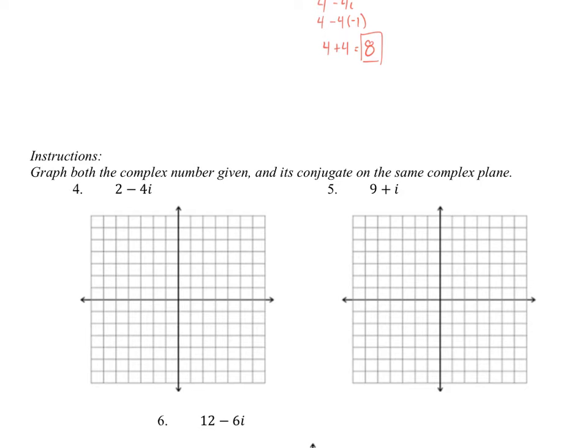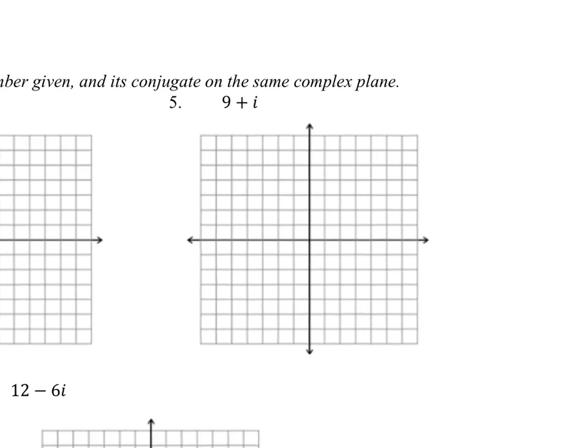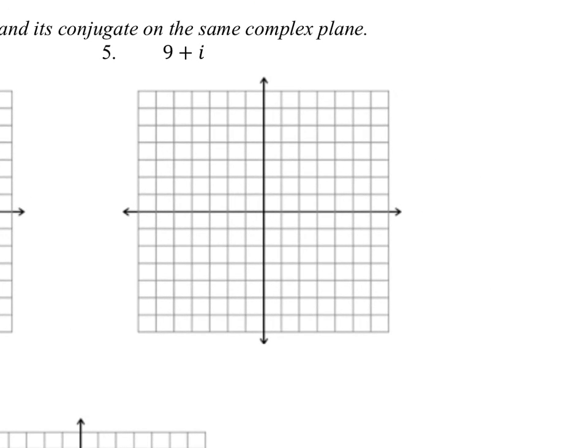All right, now for number 5, you have to graph both the complex number and its conjugate on this same set of axes. So first, let's start off just by graphing number 5. We have to remember that this is our real number line, and this is our imaginary number line. And we don't have enough lines here to count by 1, so let's count by 3s.